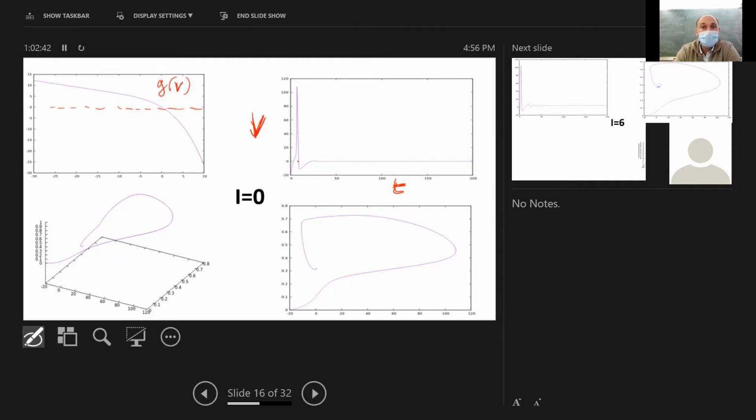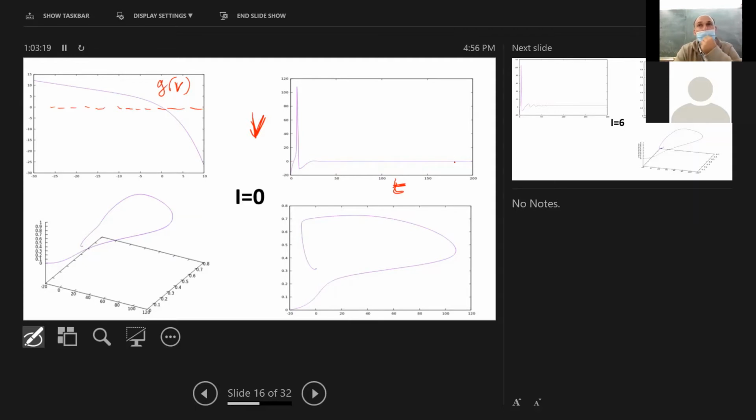Okay, so the Hodgkin-Huxley equations are able to model the action potential, right? And then for this value of parameter, you have one spike, and then you're going towards the stationary solution. Okay, if you start here, you are going to the stationary solution.